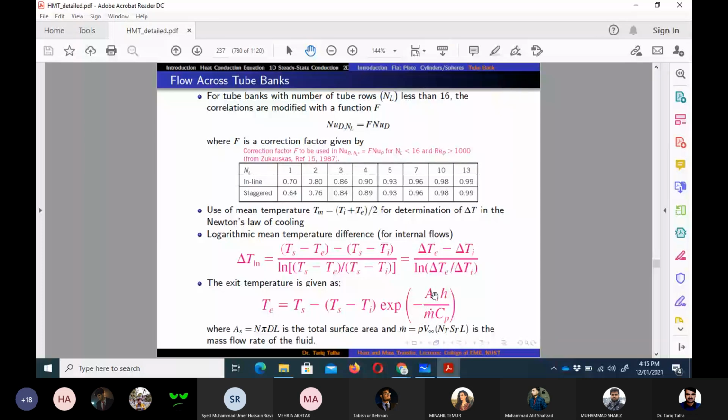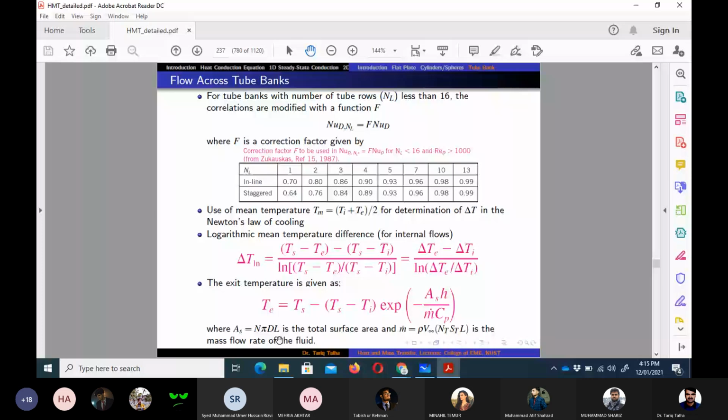Now, what is As? As is the surface area of the total number of tubes. So that would be equal to the total number of tubes, which is N, in this case 60, pi into d into length. But because we are considering per unit length, this would be equal to 1.